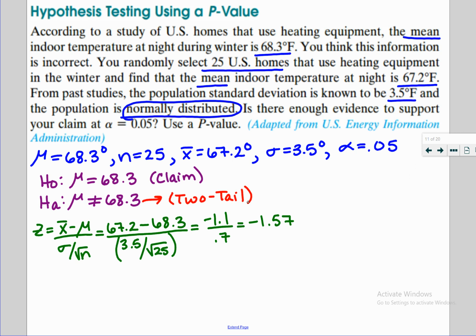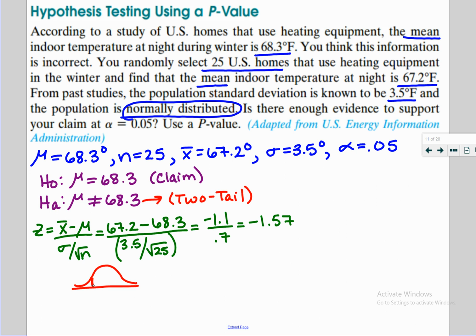This is where it could be helpful to sketch out what we have here. So my z value is a negative value, which means it's on the left side. So from my chart, I can just go ahead and get that tail. If your z value was on the right side, you would, from the chart, have to do 1 minus this value to get what's in the right tail. So sometimes there's an extra step in this two-tail test if your z-value is positive.